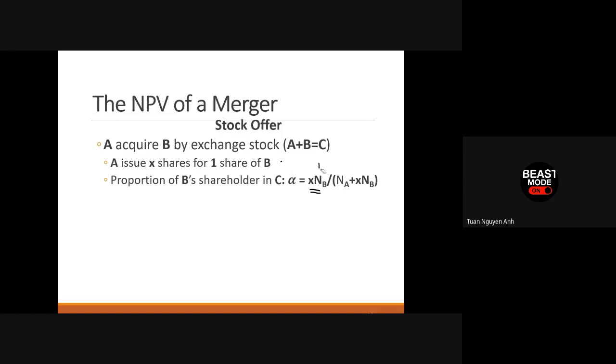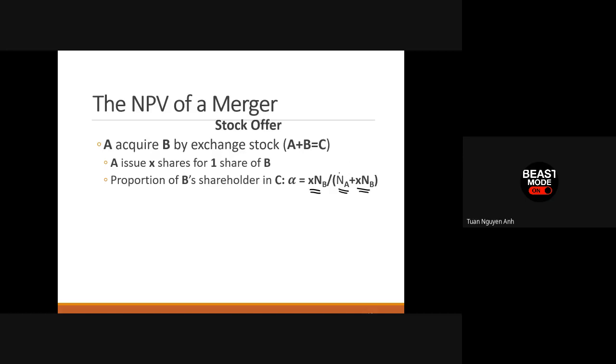Because these new shares will go to the shareholders of B, this is the proportion of the ownership of B's shareholders in the new company. Currently, they have NA as the number of shares, and after that, they have to issue this number of new shares.